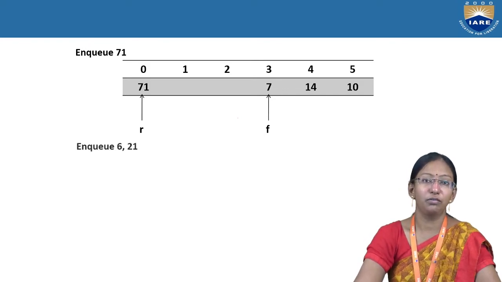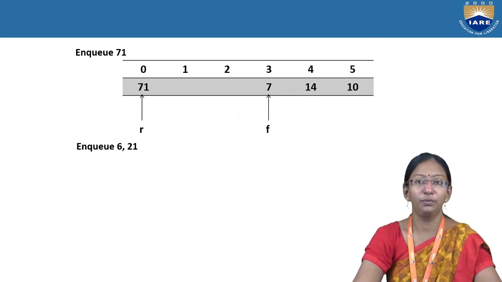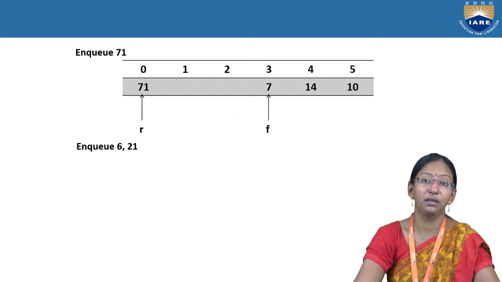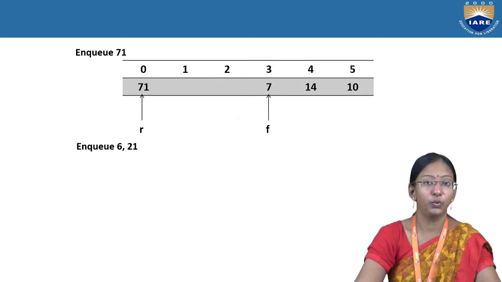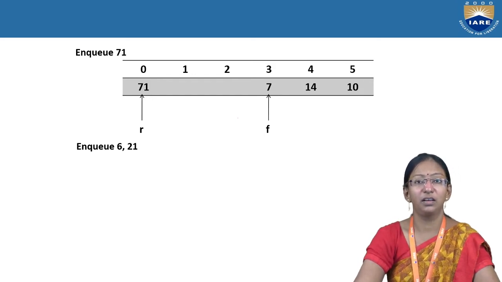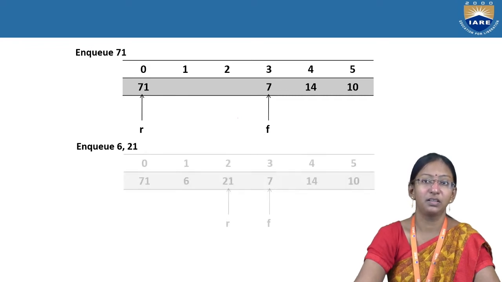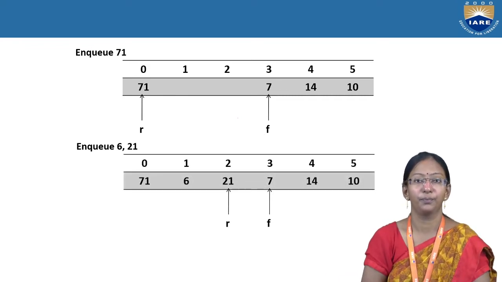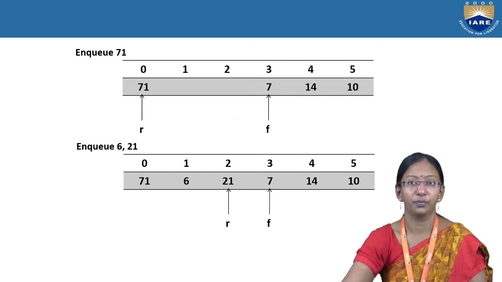NQ two more values, 6 and 21. So rear will be incremented to 1 to insert 21. Again incremented and rear will be 2 to insert 6. This is the current circular queue.